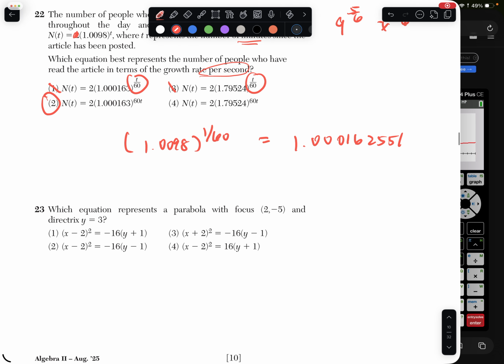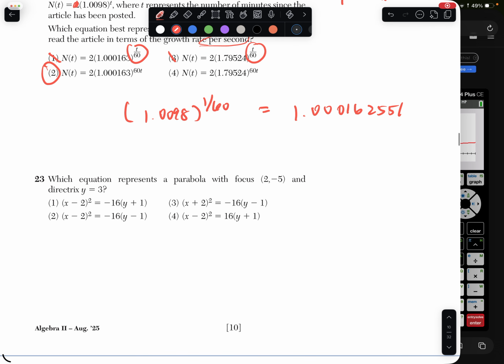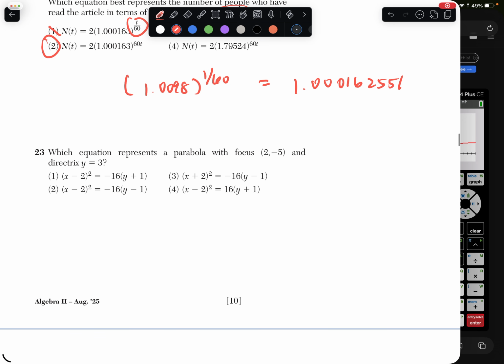All right. Which equation represents a parabola with a focus of (2, -5) and a directrix of y equals 3? This is a form you want to remember: (x minus h) squared is equal to 1 over 4p times (y minus k).